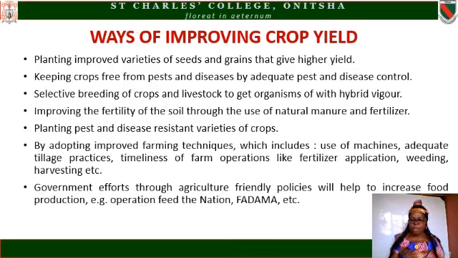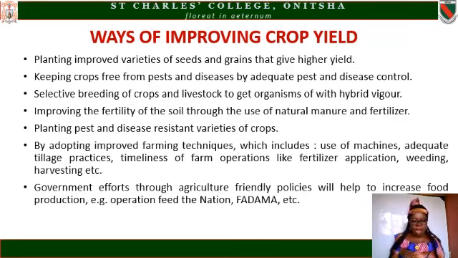You use machines, you apply adequate tillage practices, then you also apply timeliness of farm operations, like knowing the time you need to clear the ground, till the ground, plant your seed, apply fertilizer, weed, and then harvest. If you do all this, your crops will do well. Also, supplying water when there is not enough water through irrigation.